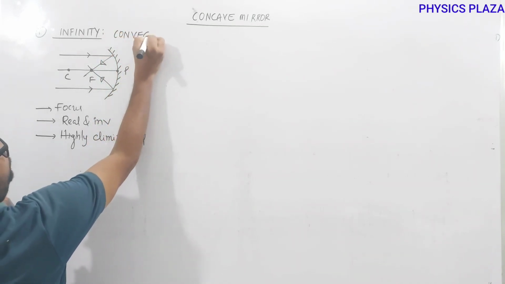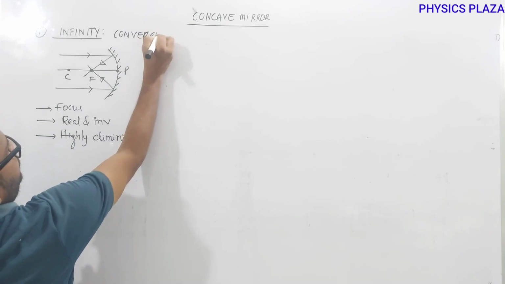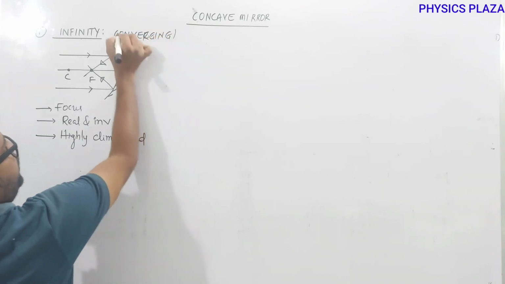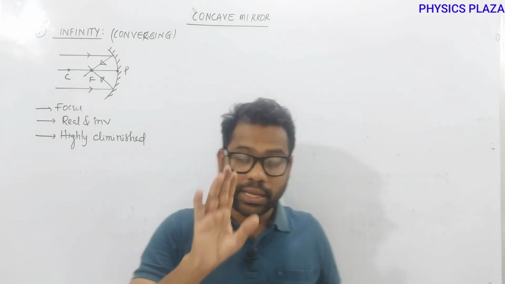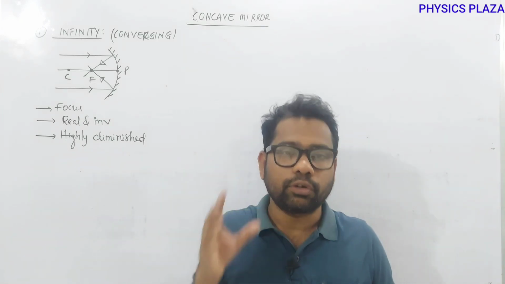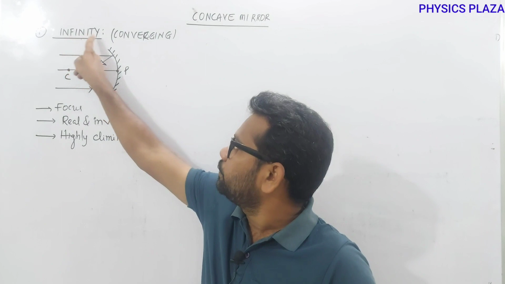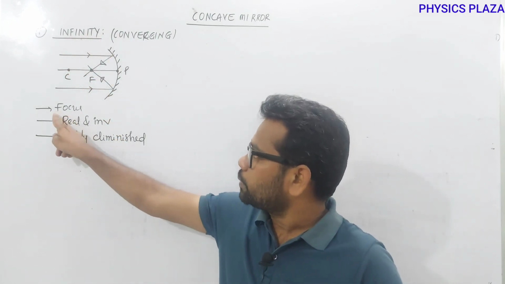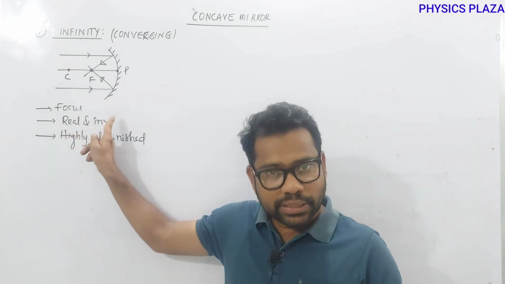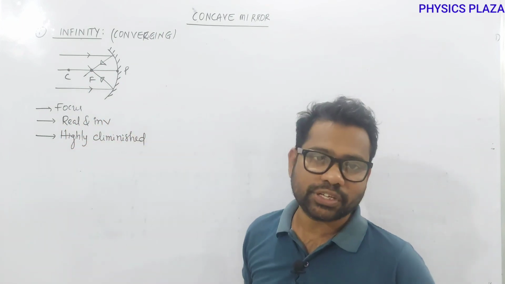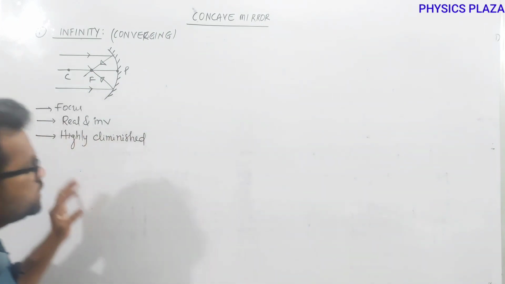They may ask you to explain the converging action of the concave mirror, means you must make this ray diagram. So children, I repeat once again, what are the things which we have to notice? Object is placed at infinity, image is formed at focus, as the light rays are meeting, it is real, and it is inverted, and it's highly diminished. This is case 1.